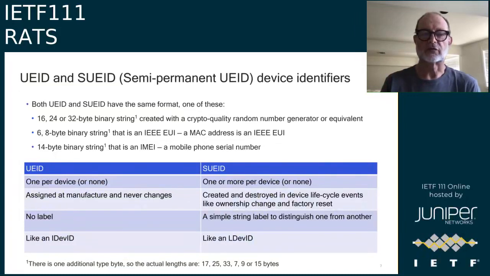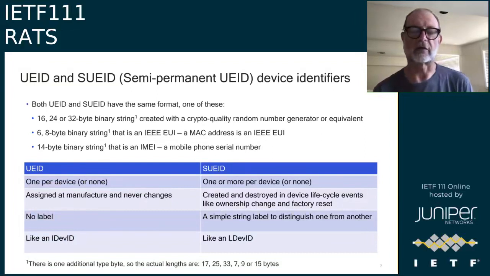Based on some comments from Geary, I think a meeting or two ago, and some other things, I realized that just having UEID by itself was probably not enough. There is the need to have identifiers that change on life cycle events, such as a change of ownership, factory reset, maybe to address other privacy issues and stuff like that.